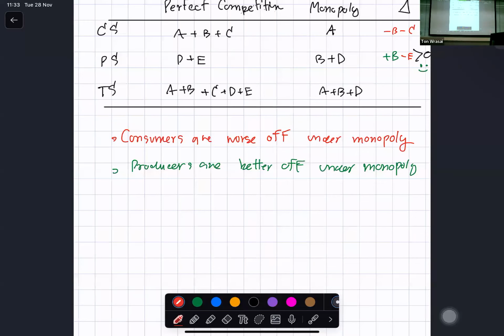And deadweight loss is equal to minus C minus E.